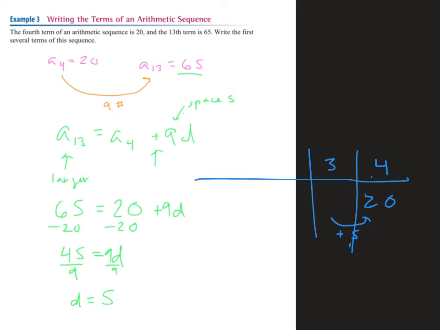So what would our third term be? 15, because we subtract since we're going backwards. What's our second term? 10. What is our first term? 5. And what is our zero term? 0.